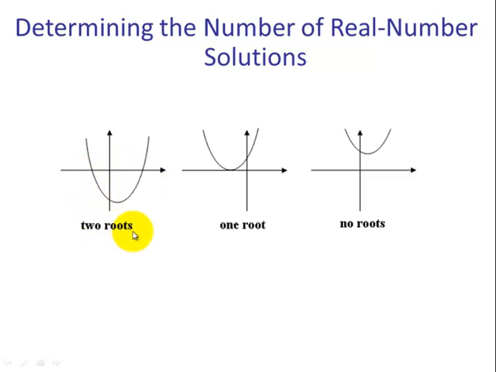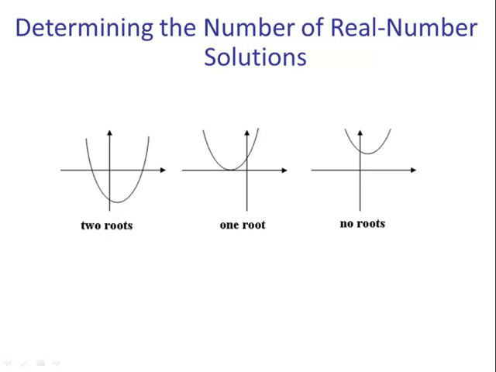And sometimes this is called roots of a function. That just means x-intercepts. When the discriminant is 0, we have one root, one x-intercept. If the discriminant is negative, we are trying to take the square root of a negative number, and there's no real solution, so there'll be no x-intercepts, no roots.